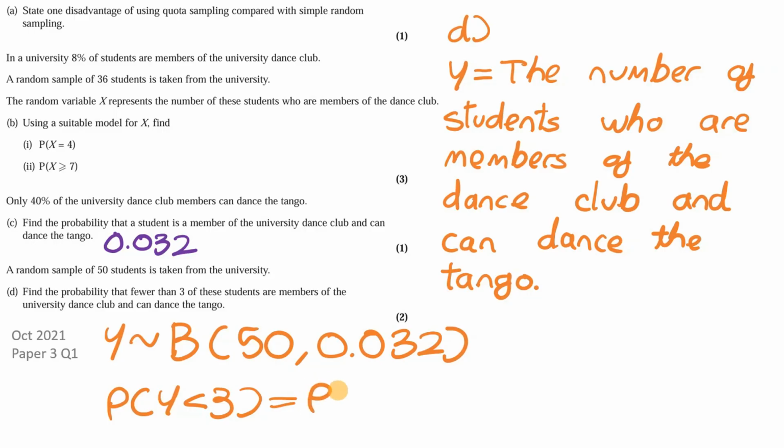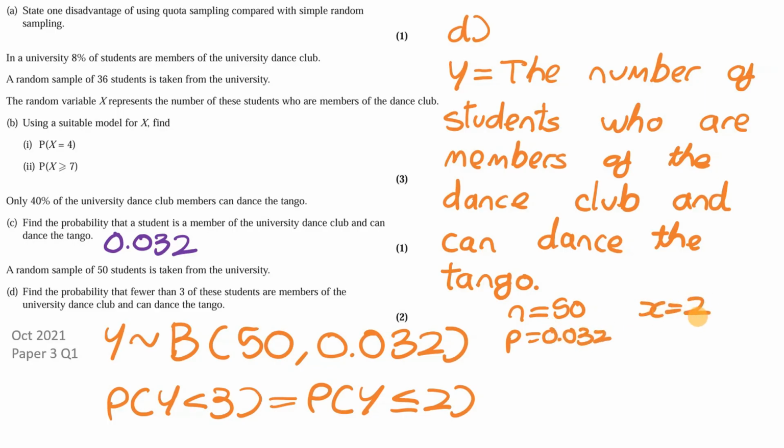So this is equal to the probability that y is less than or equal to 2, and this we can put into our calculator where n is 50, p is 0.032 and x is equal to 2. And if you put this into your calculator to 4 decimal places it is 0.7851. This is the probability that fewer than 3 of these students are members of the university dance club and can dance a tango.